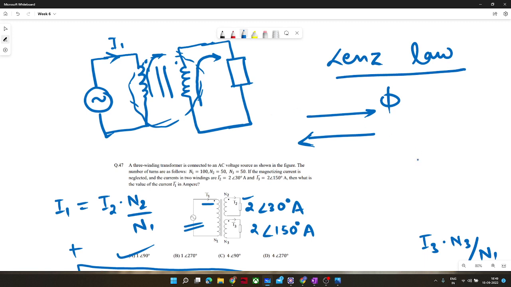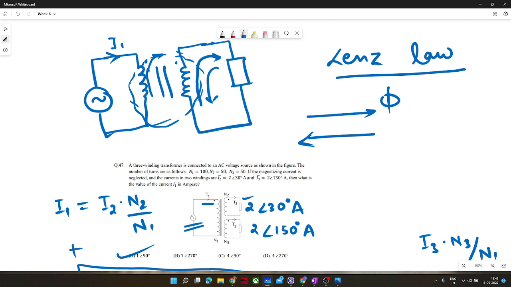Okay. So in any transformer, if you see that current is entering from one dot, it should leave from another. Otherwise, what will happen? The flux generated from one side, and if the current enters in this manner, then the load would also be of a sort that generates flux.